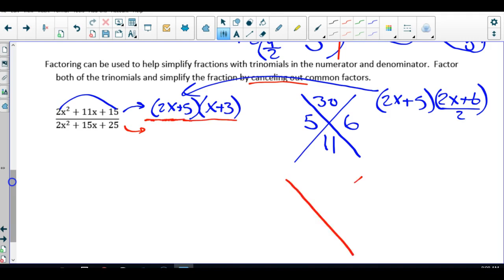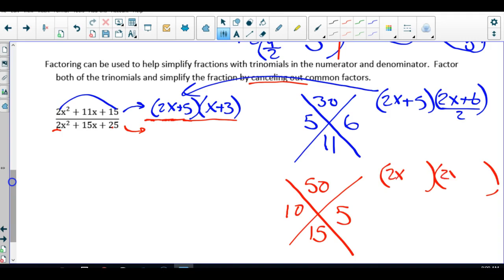The bottom, we're going to factor the bottom now. Another hard type, so 25 times 2, 50. 15 on bottom, that looks like 10 and 5 on the sides. So make it wrong with the 2x: 2x plus 10 and 2x plus 5. And then make it right over here.